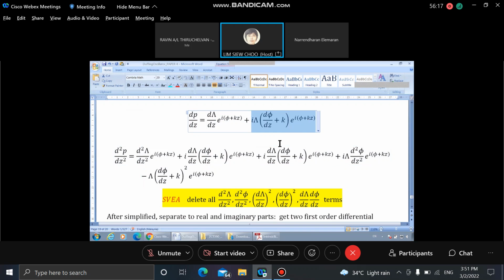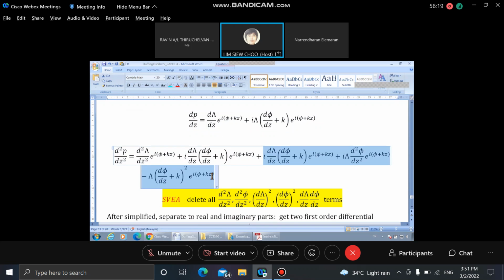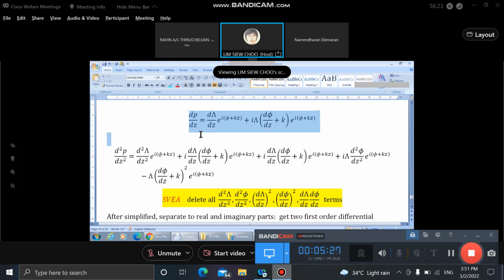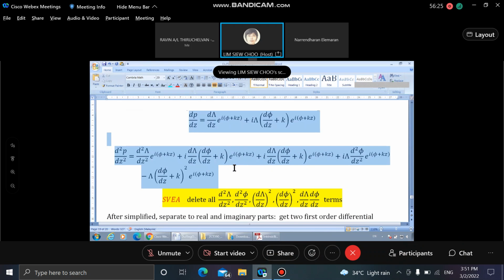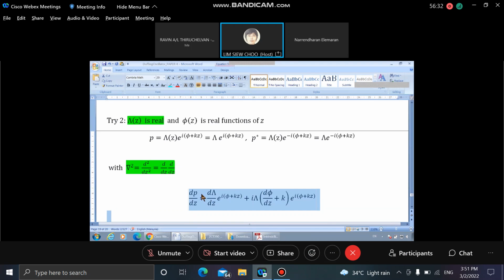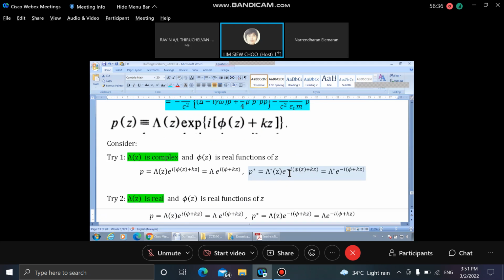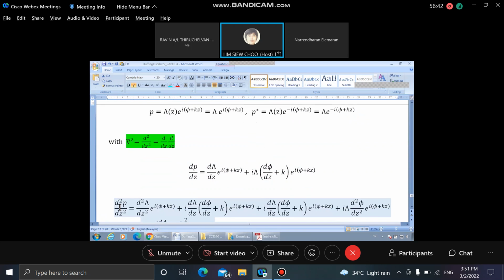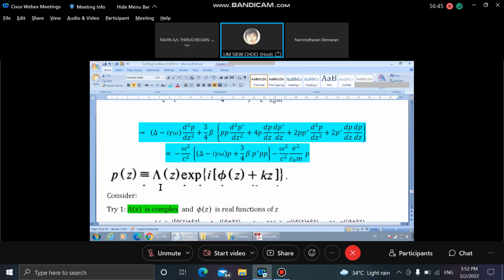Differentiate this, you get three terms like this. Okay, so after this, you do the same thing for the P star. So you have two more equations. After you find all this, you substitute the dp over dz like this into this position, all the dp over dz, and then the d2p over dz squared into here and into here.